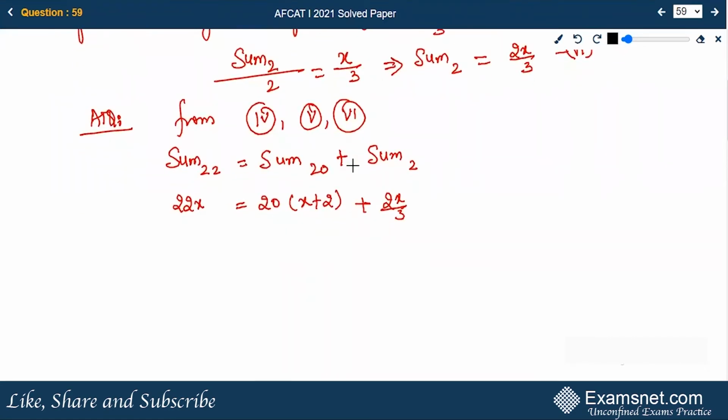Let's open up the brackets. 22x is equal to 20x plus 40 plus 22x upon 3.